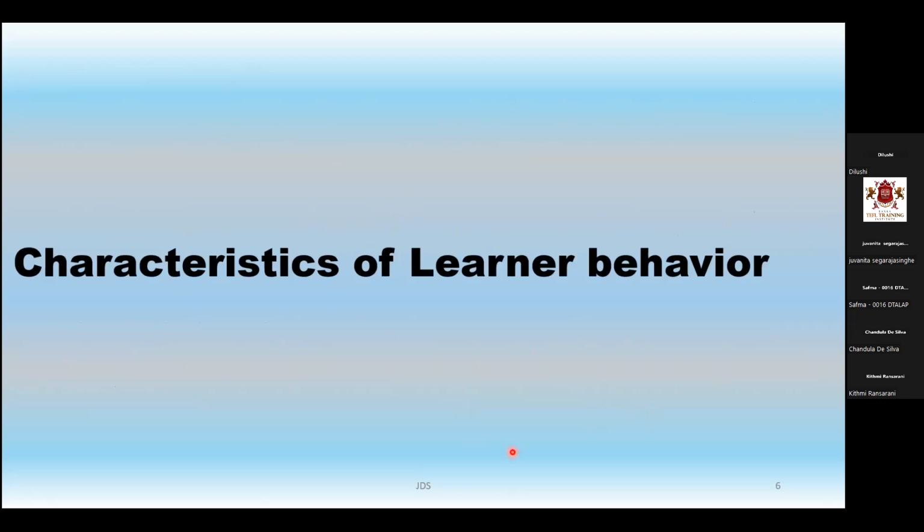So tell me, what is learner behavior overall? Just try to define it or explain it in your own terms. What do you understand by learner behavior? If you just tell it very simply, how can you define it or explain it?